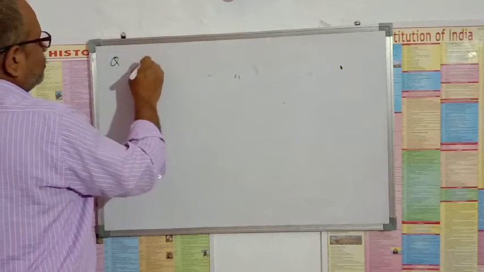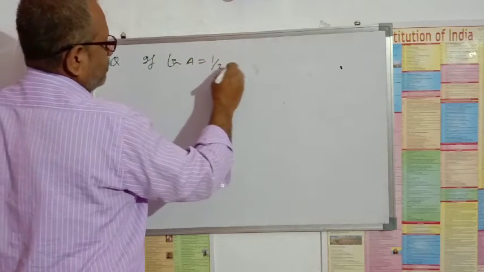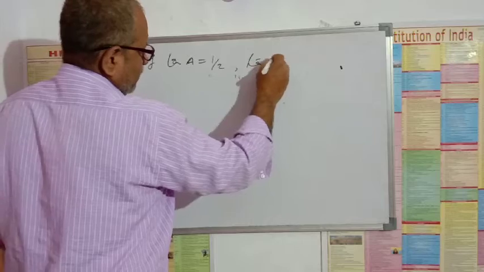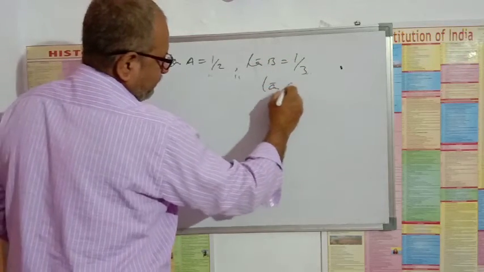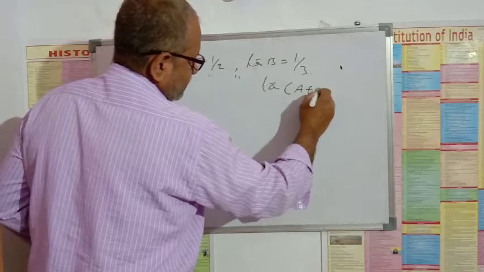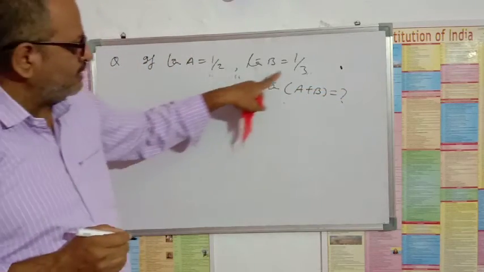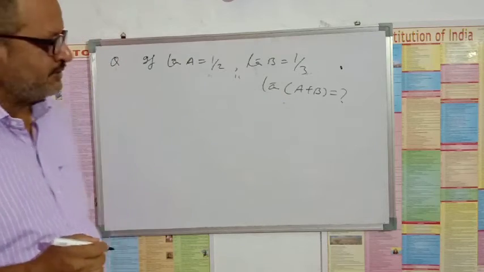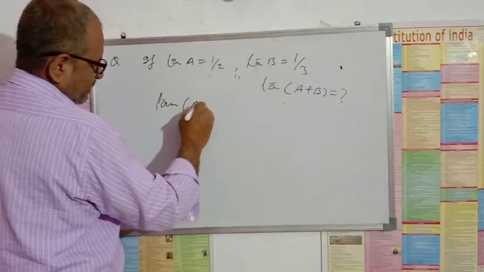Next one: suppose tan A is 1 by 2 and tan B is 1 by 3, and we have to find tan(A+B). So write the formula of tan(A+B).